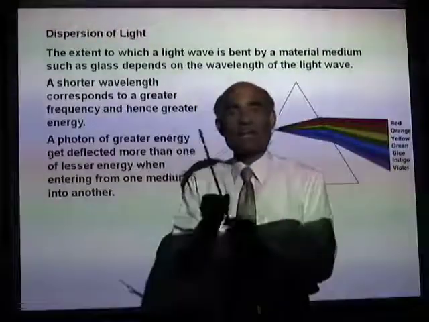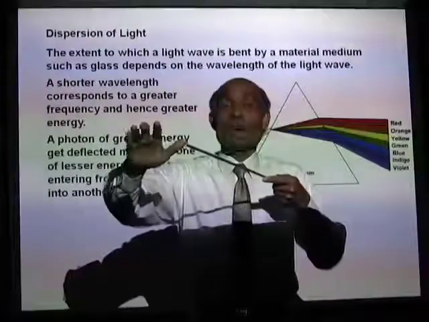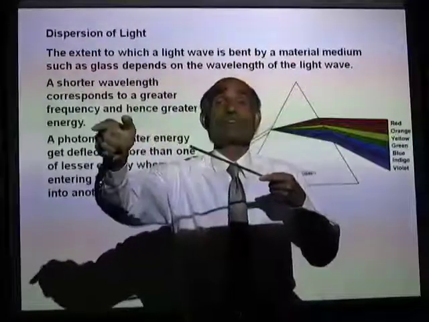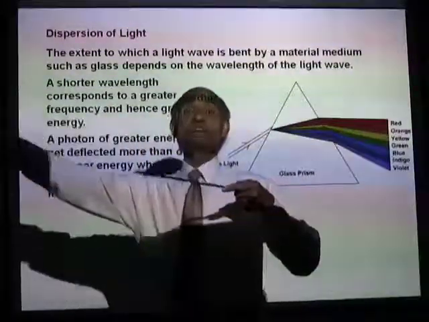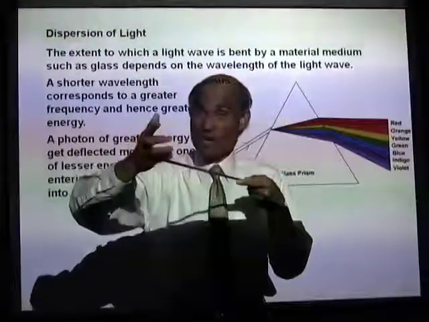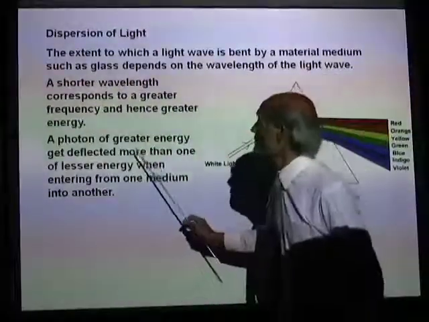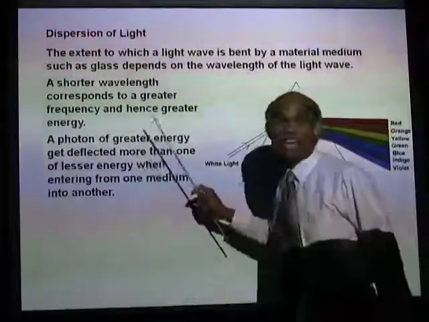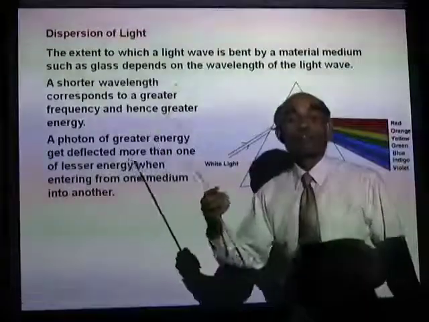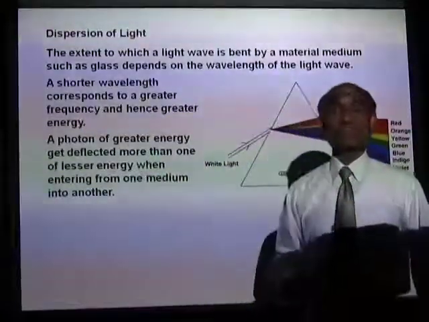It's like this: if you travel very fast on a bicycle, and your speed changes suddenly, you tend to deviate much more than if you were going slowly. That is why slow speed is safer. In the same way, a very energetic photon gets deviated more than a less energetic photon.